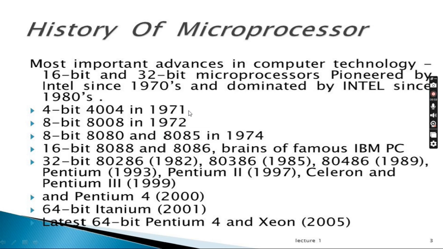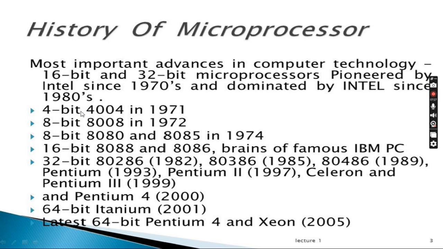The number is 4004. 4-bit means the data is 4-bit data. At one particular instant of time, it can transmit 4-bit data. Getting the point? A 4-bit data is processed at a time.